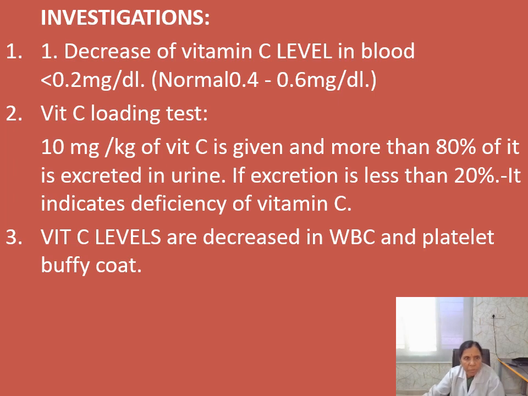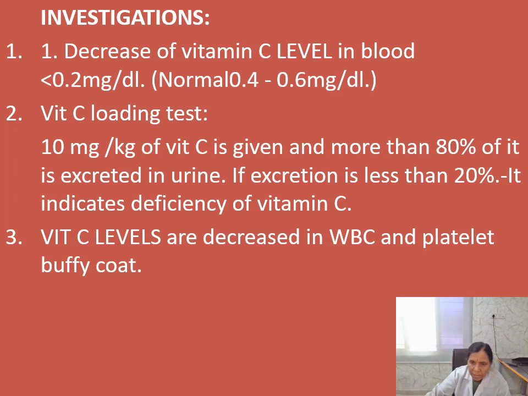Then the investigations we do: a decrease of vitamin C level in the blood. That is normally 0.4 to 0.6 milligrams per deciliter, but less than 0.2 milligrams per deciliter in deficiencies. A vitamin C loading test is also done. That is, 10 milligrams per kg of vitamin C is given, and more than 80% of it is excreted in urine.